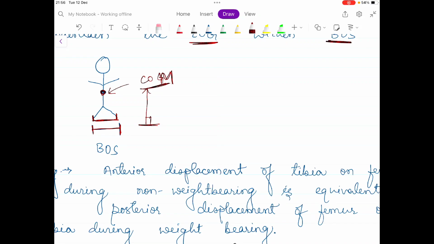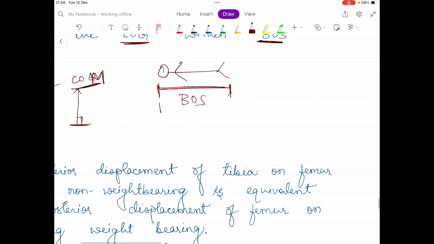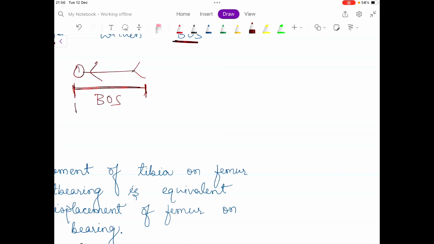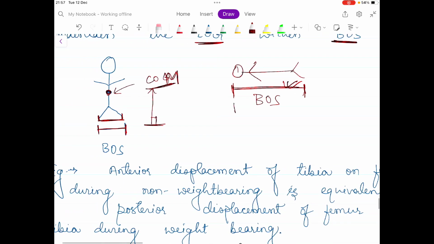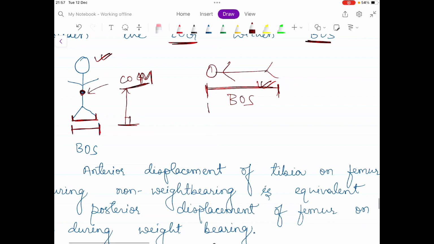If you talk about a different example, let's say the person is sleeping. So the base of support will be huge. If the person is sitting on a chair, then the base of support will be shorter compared to when the person is sleeping, but it will be more compared to when the person is standing.